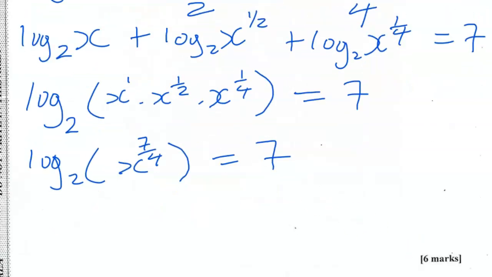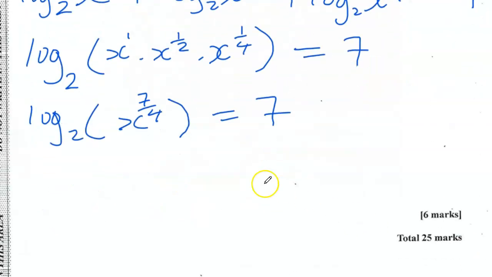Now, another rule of logarithm, whatever is in the bracket, x to the power of 7 over 4, is equal to 2 to the power of 7. So the base raised to the power is equal to whatever is in the bracket.